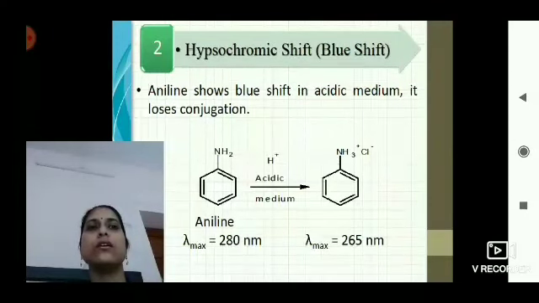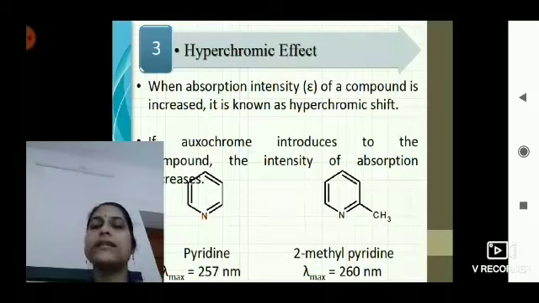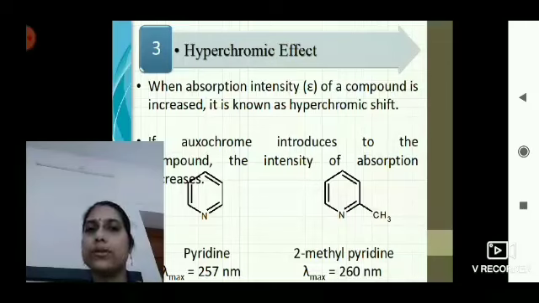Now this is an example. The third one is the hyperchromic effect. When the intensity of radiation increases, it is called hyperchromic shift. Auxochrome also causes a hyperchromic effect.